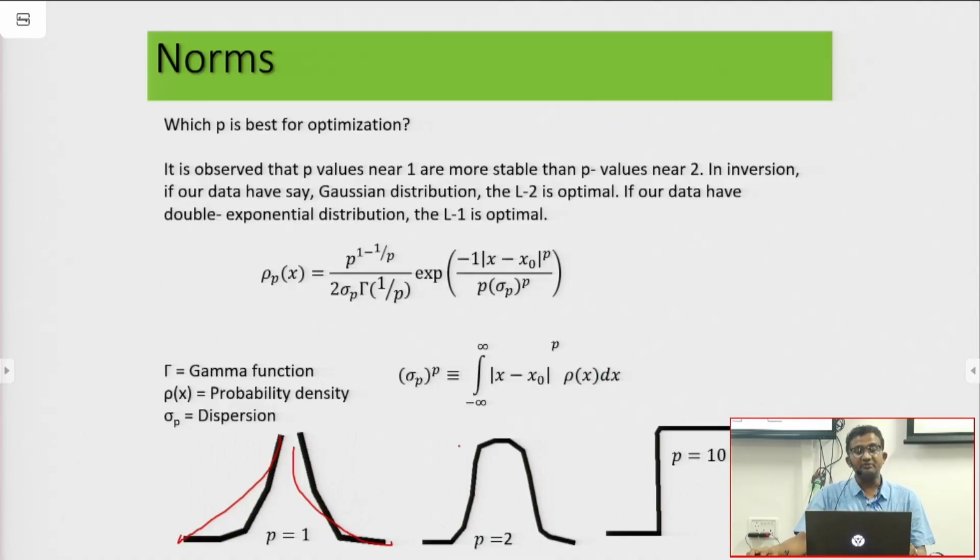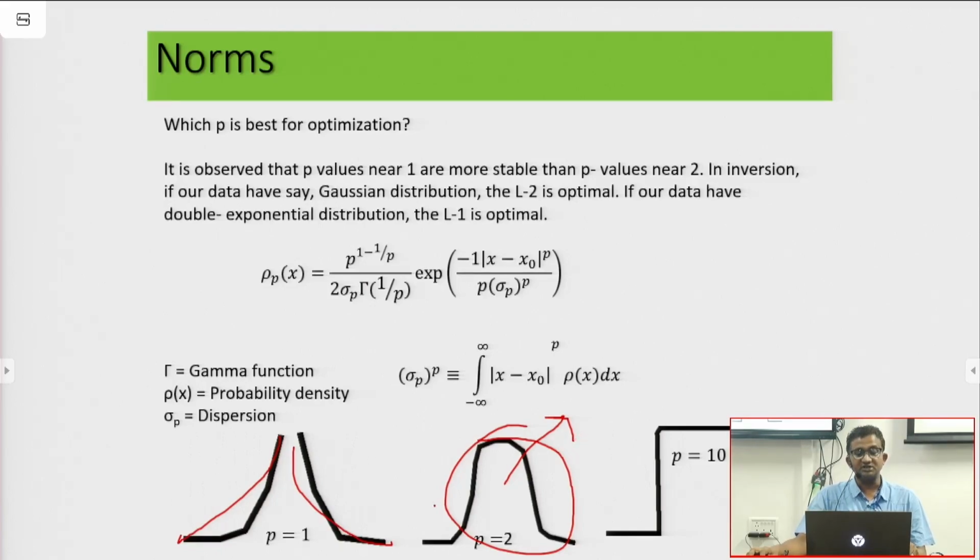Now, if your data, for example, follows the Gaussian distribution, which is bell-shaped, then it is recommended that it will be more stable if you use the norm with p equal to 2. So if your data distribution or noise distribution in your problem follows the Gaussian, then it is recommended to use p equal to 2, that means the L2 norm.